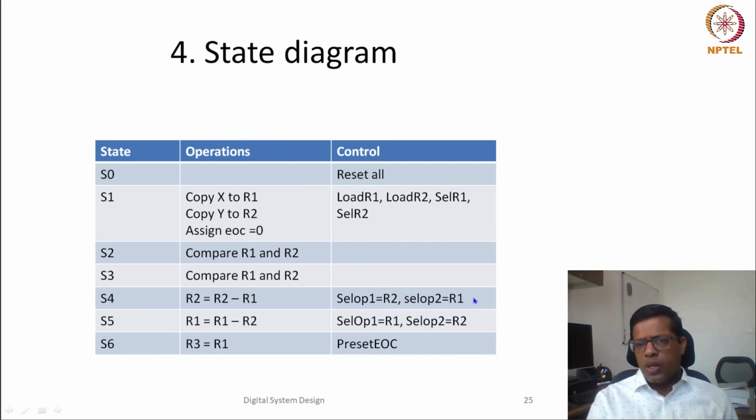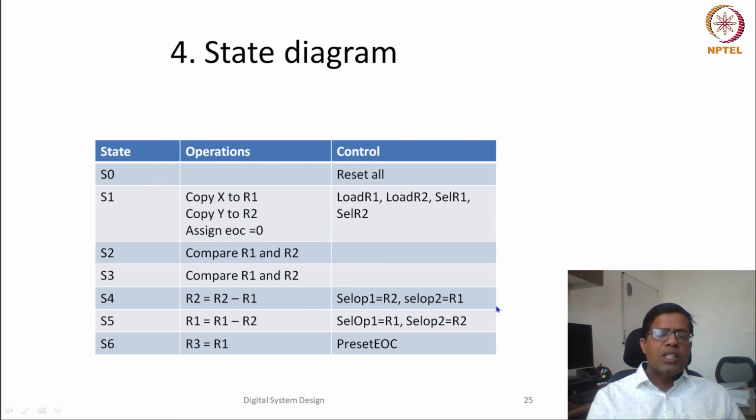There is one more thing which has to be written here: along with that we also have to select that R2 has to be written, load R2 has to be there, and in the S5 state load R1 has to be there, so that finally when this value is computed, R2 will get updated, and in this case R1 will get updated. Which also means that we have to select this R1 register and this R2 register according to R2 and R1.